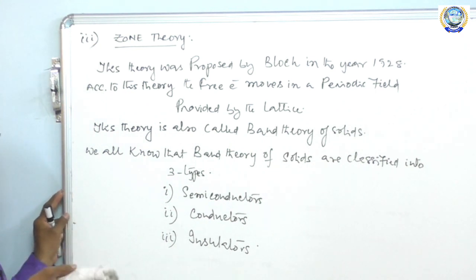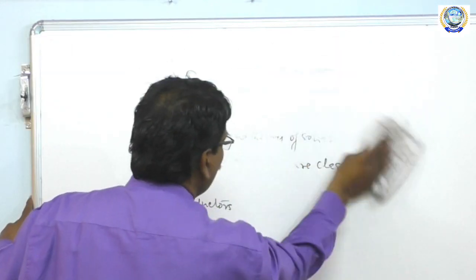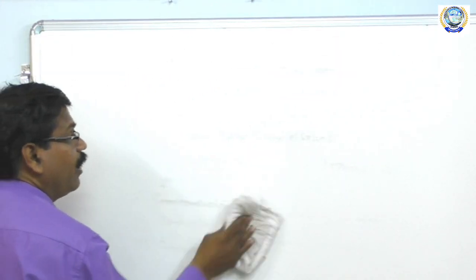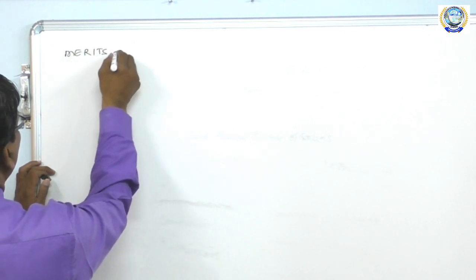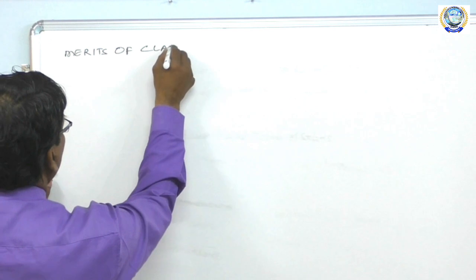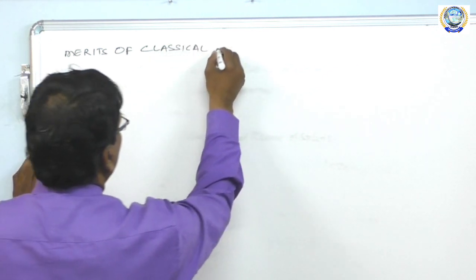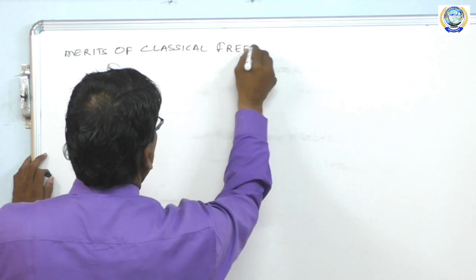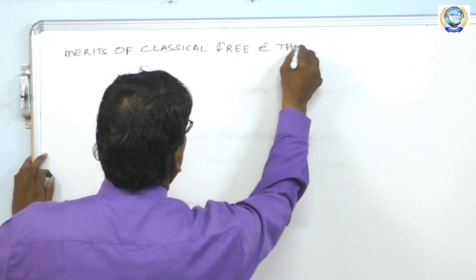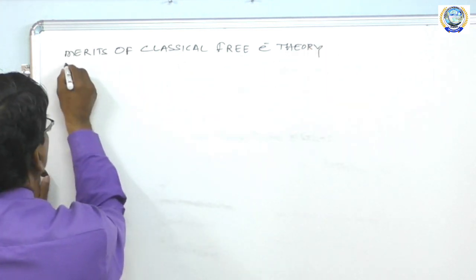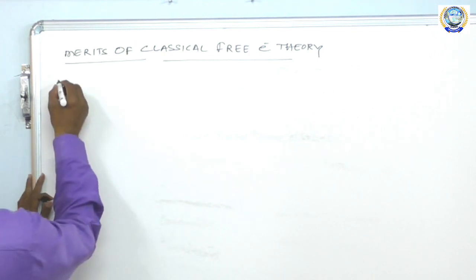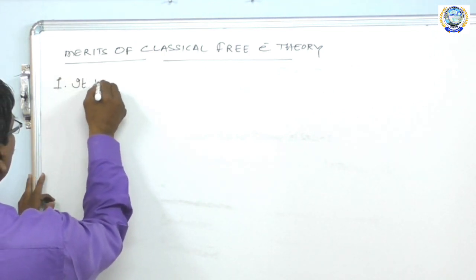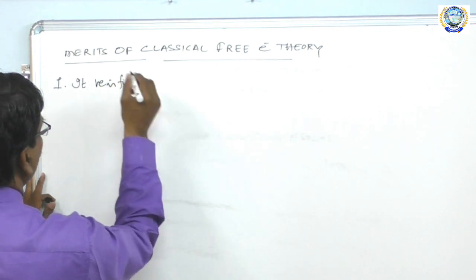The subsequent concept after finishing this is merits of classical free electron theory. Let us see how they are. The first merit of the classical free electron theory is it verifies Ohm's law.